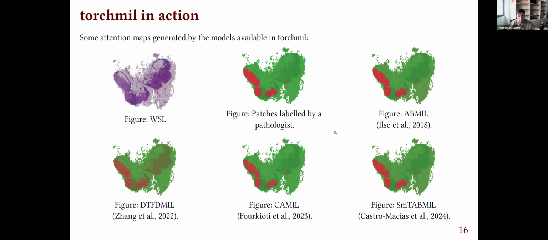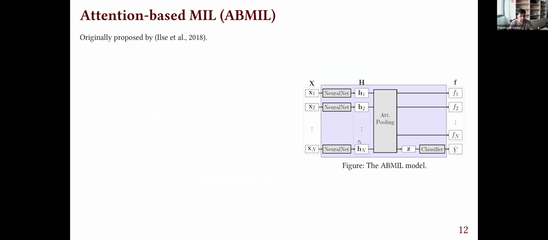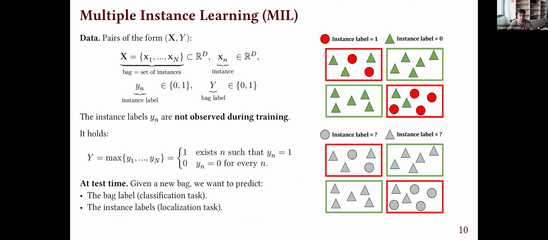There is another question from Abu Bar Shafiq that asks, does MIL work for multi-class classification? Yes, that's a great question. Actually, we are extending torchmil to account for this. Essentially, what you're seeing here in the multiple instance learning definition can be extended to a multi-class scenario, and there are papers on it.